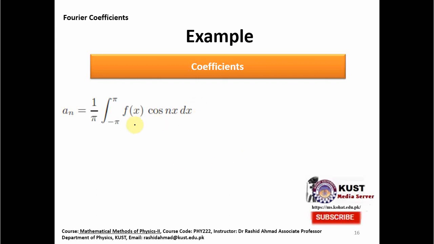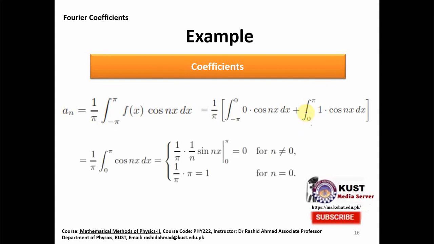For example, for the a_n coefficients, as you know, this integral can be split into two parts, and the second part survives, and then we can calculate the coefficient for n not equal to 0 and for n equal to 0.